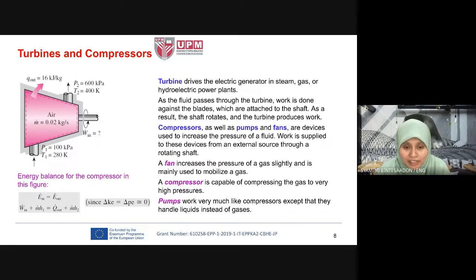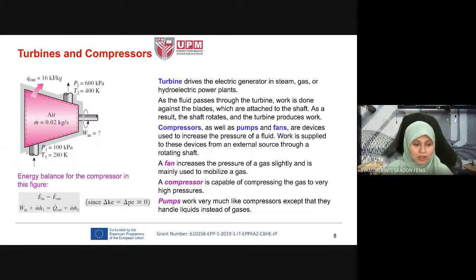There is no kinetic energy because there is not much change in velocity of the fluid inside the compressor. And there is also no potential energy, no significant change in altitude, gravitational force. So there's no potential energy as well.